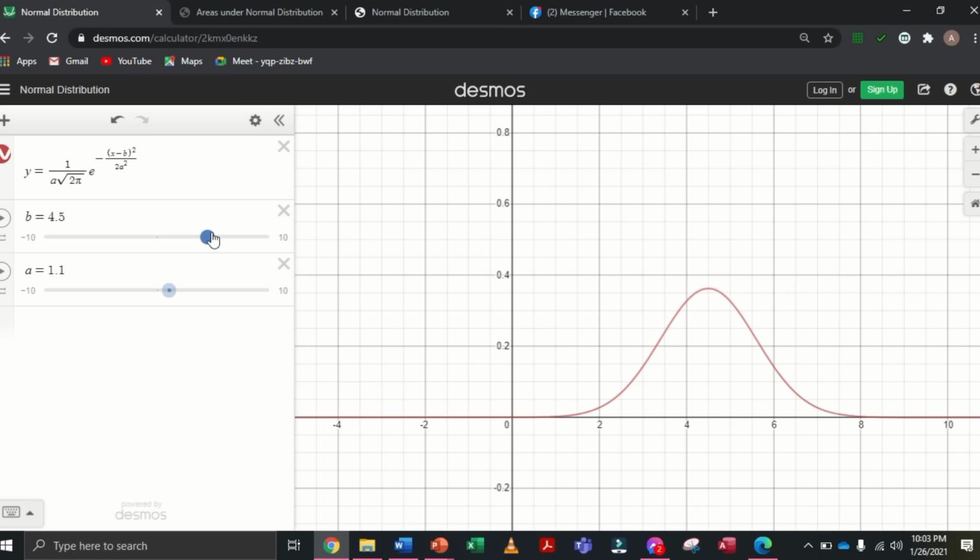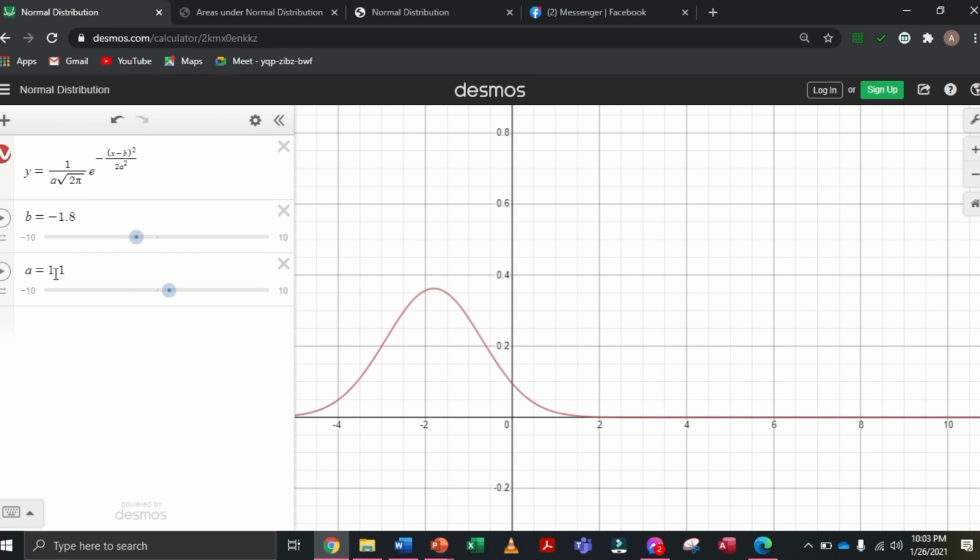Kapag pababa naman or negative, bumababa yung value ng mean natin, nagmo-move siya pa left side.